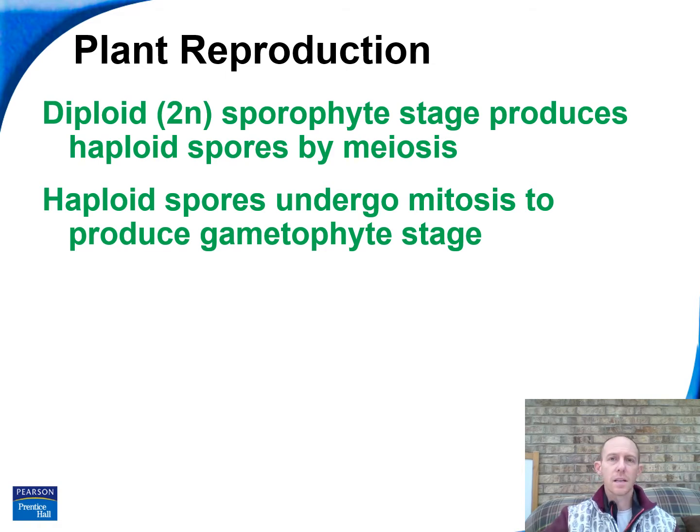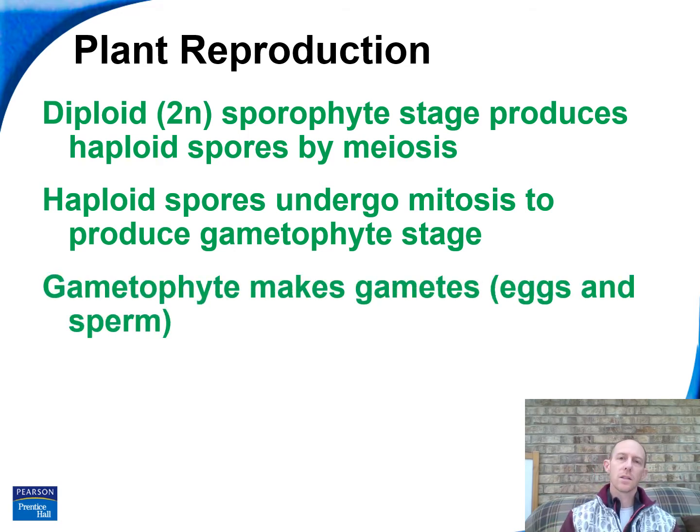What does the gametophyte stage make? Well, if the sporophyte stage makes spores, what do you think the gametophyte stage makes? Gametes. What's a gamete again? Eggs and sperm. Those are our gametes that are produced by biological organisms. That's right. Plants make eggs and sperm.